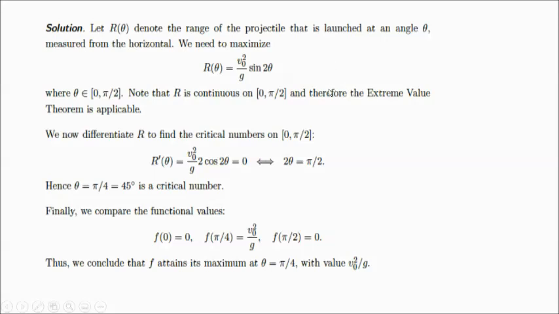So therefore, divided by 2, that is pi over 2 for 90 degrees. Okay? Since it is continuous, class, we can apply the extreme value theorem. So we will get the critical number.